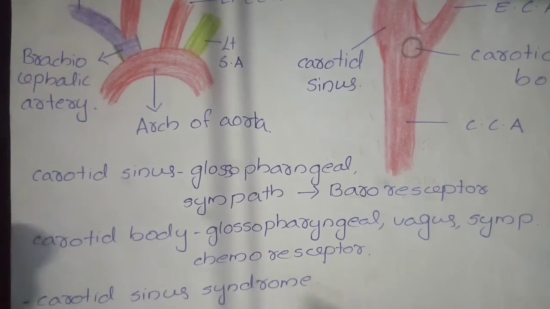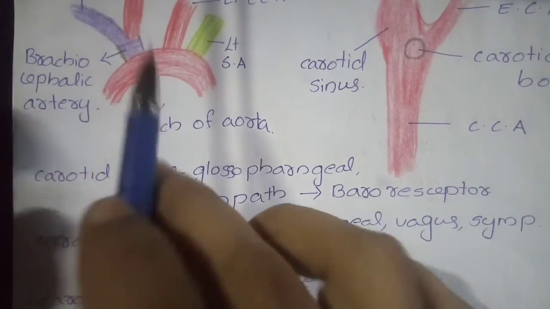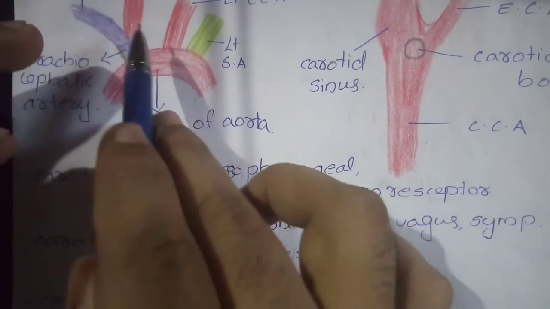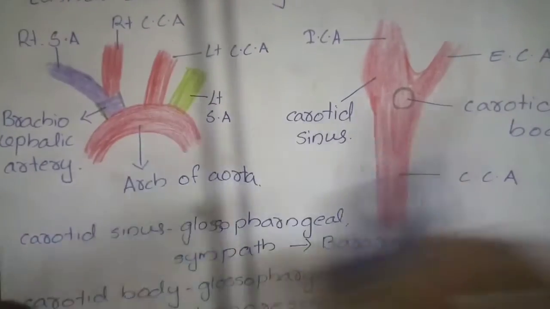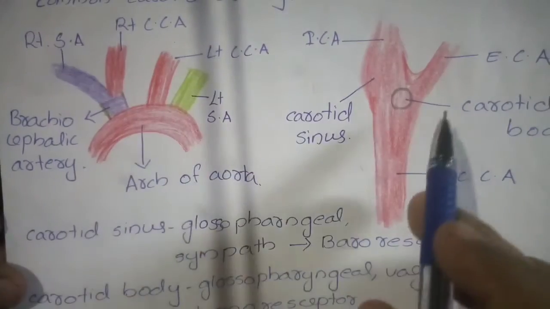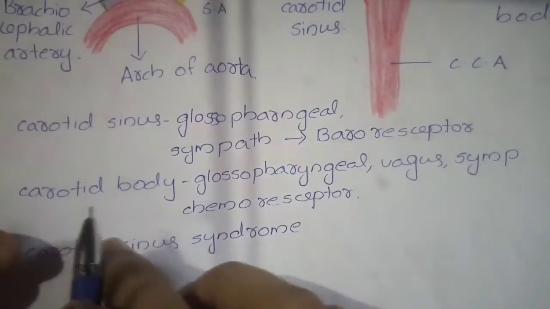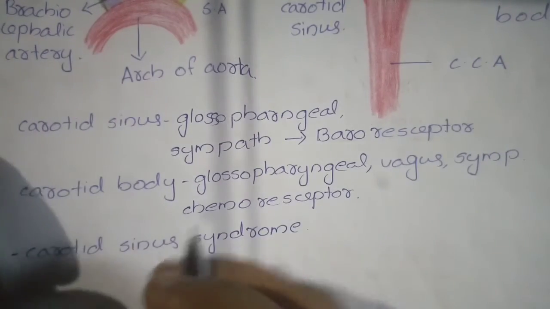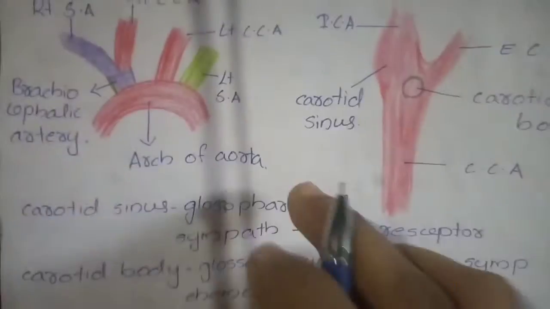So let's discuss in a nutshell. The right common carotid artery originates from the brachiocephalic artery, and the left common carotid artery directly from the arch of aorta. At the termination we have a carotid sinus and a carotid body. The carotid sinus is a dilation present at the termination of the common carotid artery or the beginning of the internal carotid artery.